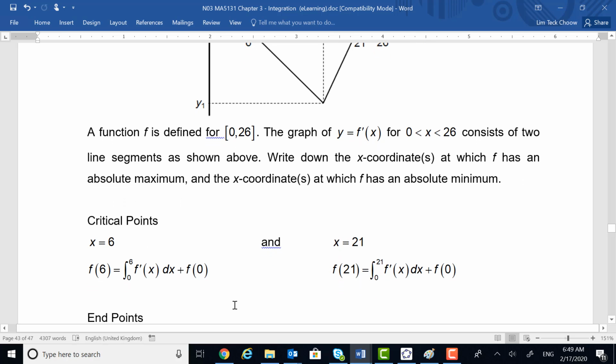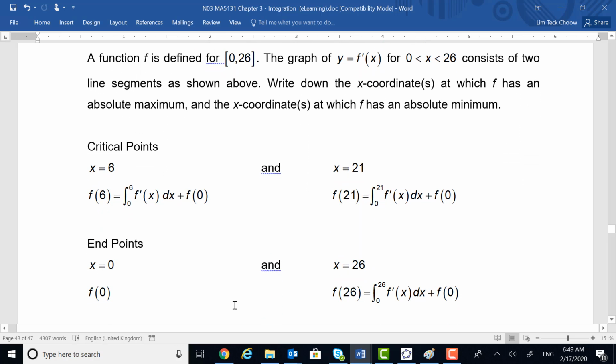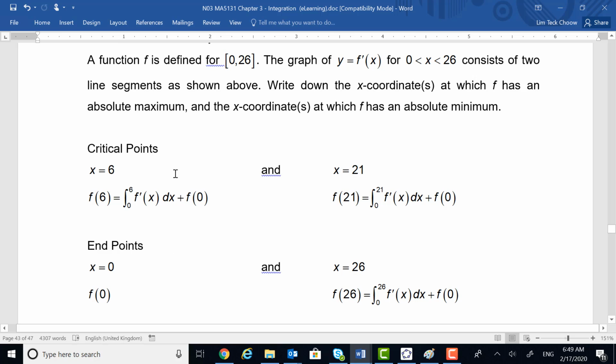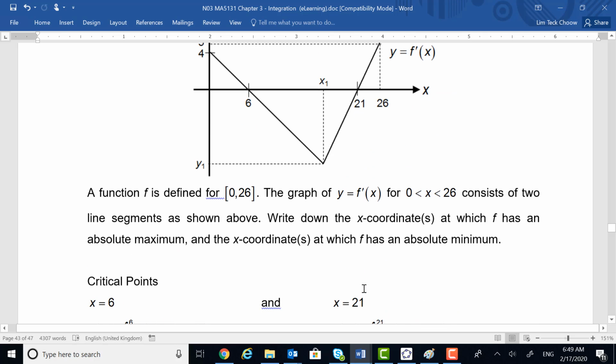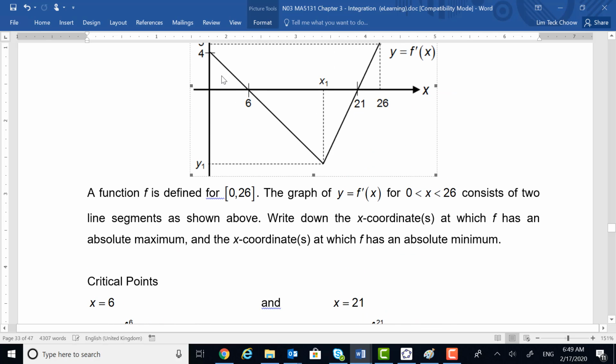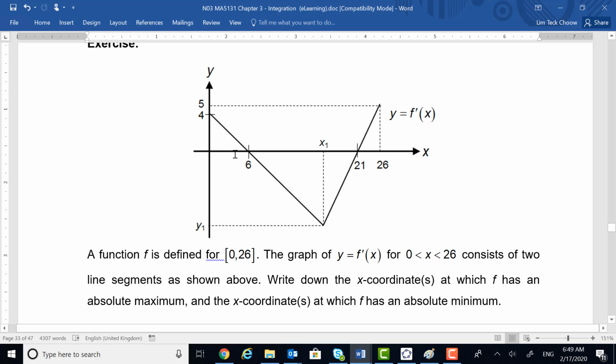And then you compare with these two. Of course this is bigger, because it is f(0) plus some positive value. But how about between these two? You look at this one, integrate from 0 to 26. This is some positive value, and then over here is a big negative number, and then you add back some small positive number.